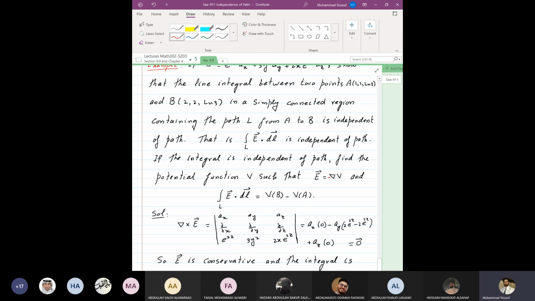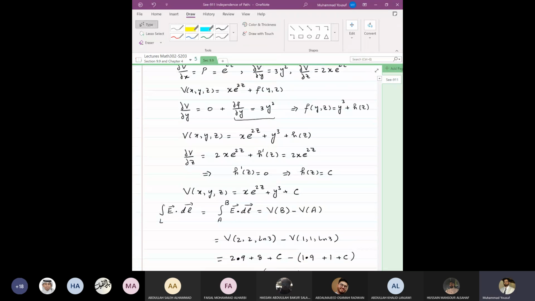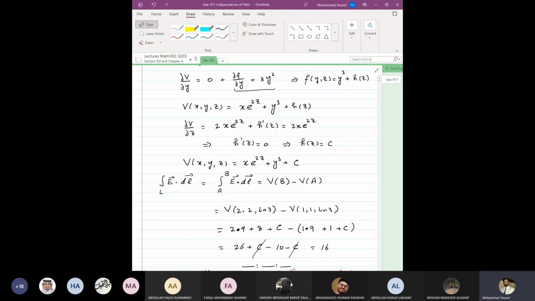This is the negative gradient of V. And we will have here a negative sign, and this will become positive. So the final answer at the end will be negative.